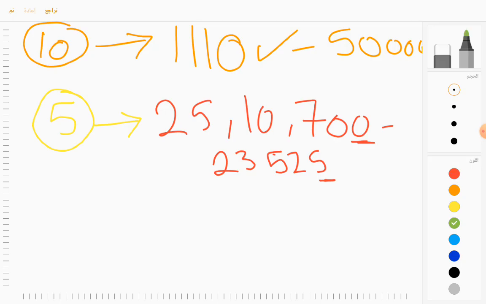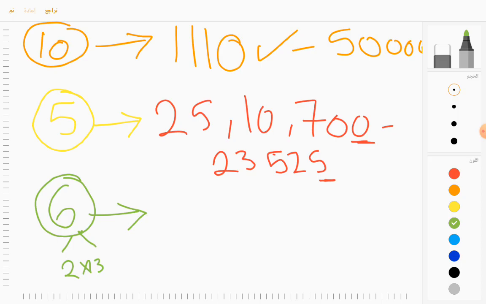another divisibility is the divisibility by 6. Okay, let me ask you, 6 equals what times what? 6 equals 2 times 3. So if the number is divisible by both 2 and 3, it will be divisible by 6.